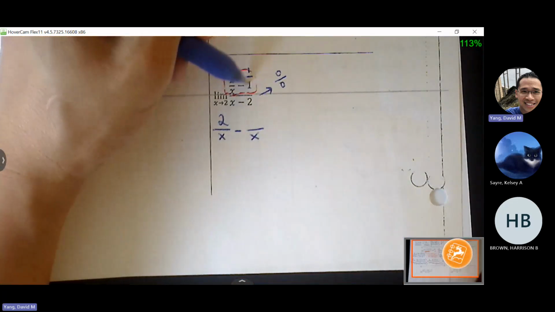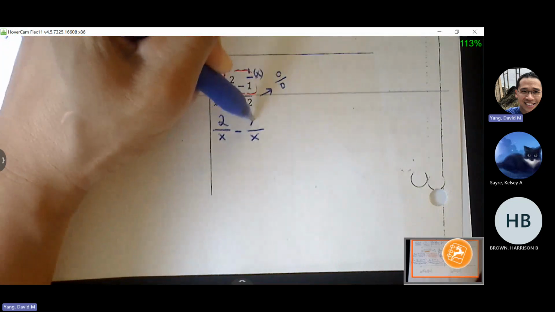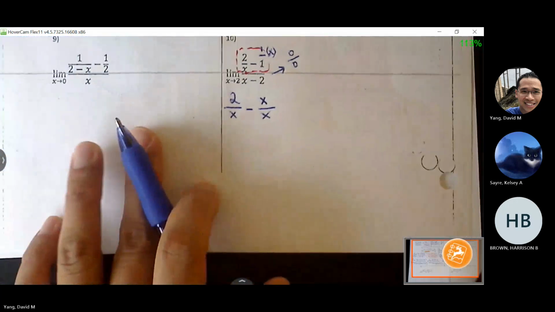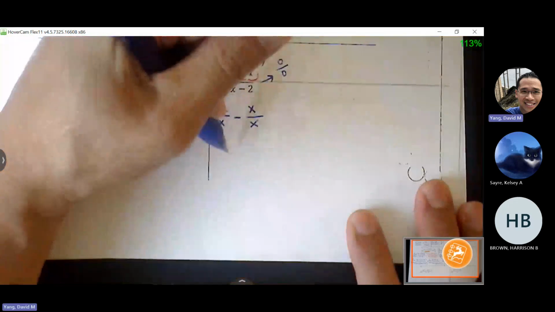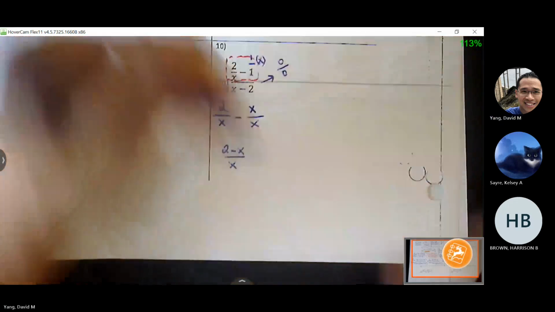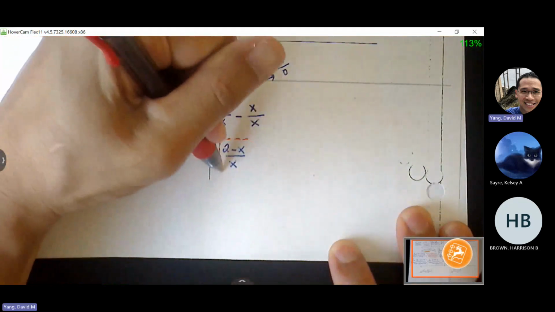Here, my denominator is changing from 1 to an x, so I need to balance the numerator with an x as well. Merge those together. So this is now my updated top portion.